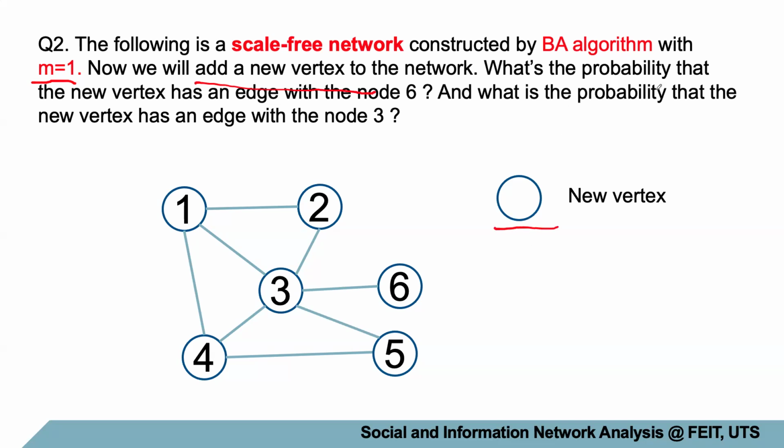What's the probability that the new edge of this new vertex is connected to node 6? And what is the probability that the new vertex has an edge with node 3? I'll give you 3 minutes for this question.